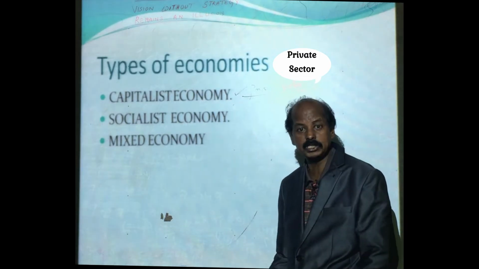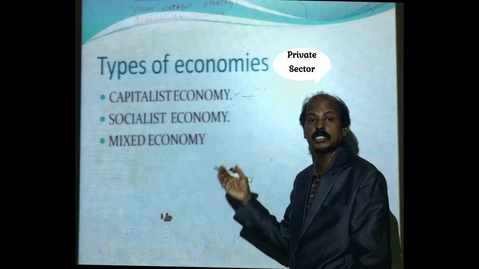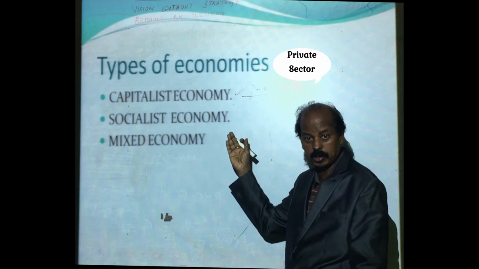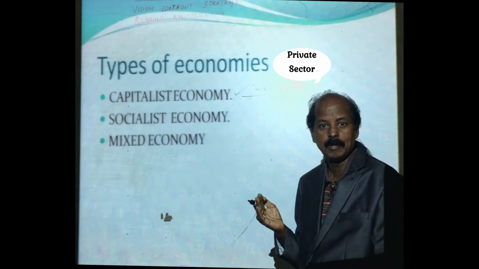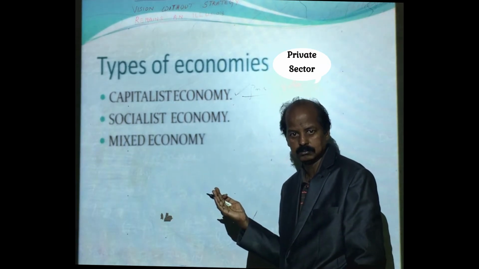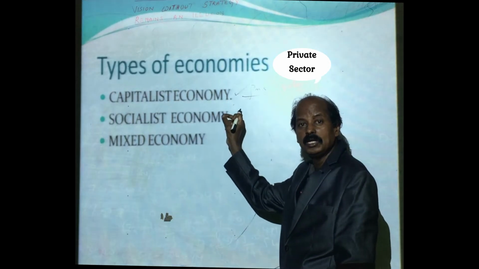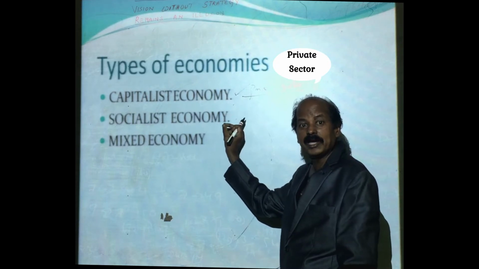All the economic activities are undertaken in order to get more and more profits in the capitalist economy, whereas social welfare, public welfare is not so important. The public sector is confined to a few areas like defense, external affairs only.